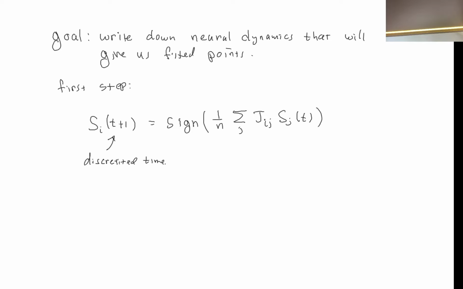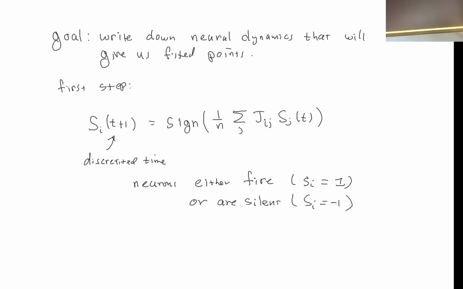And because of the sign here, neurons, instead of having a continuous firing rate, either fire, S_i equals 1, or are silent, which we take as S_i equals -1.